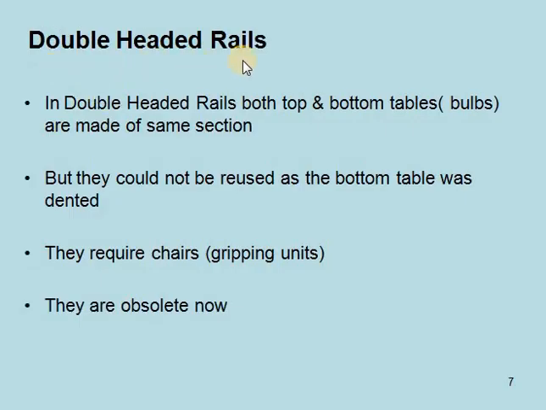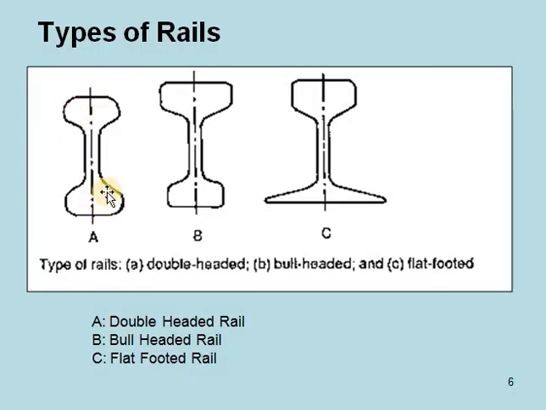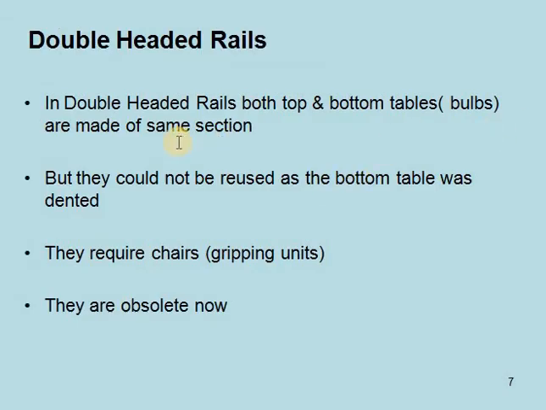Coming to double headed rails: both the top and bottom tables, or bulbs, are made of the same section. We call them bulbs because the top and bottom are both bulb-shaped. They could not be reused as the bottom table was dented, meaning worn out.